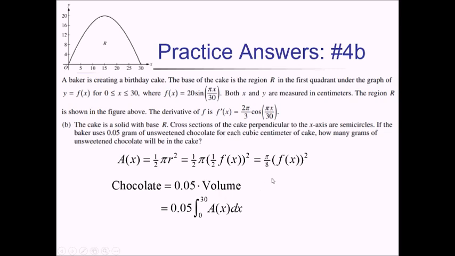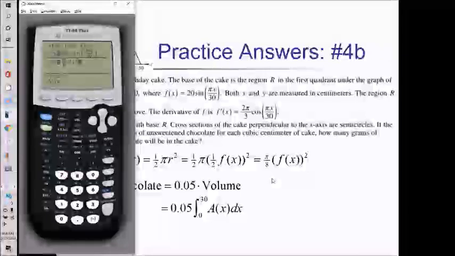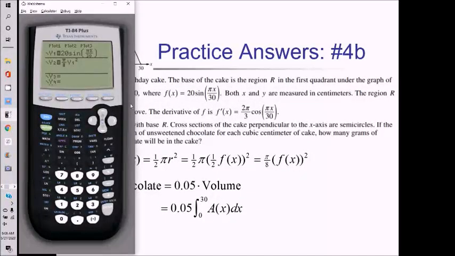Let's do this on the calculator now. To reduce clutter on my calculator, I've entered my a of x function down here as y2. So this is going to be pi over 8, and y1 was f of x, so I can do y1 squared, alpha trace y1 squared.